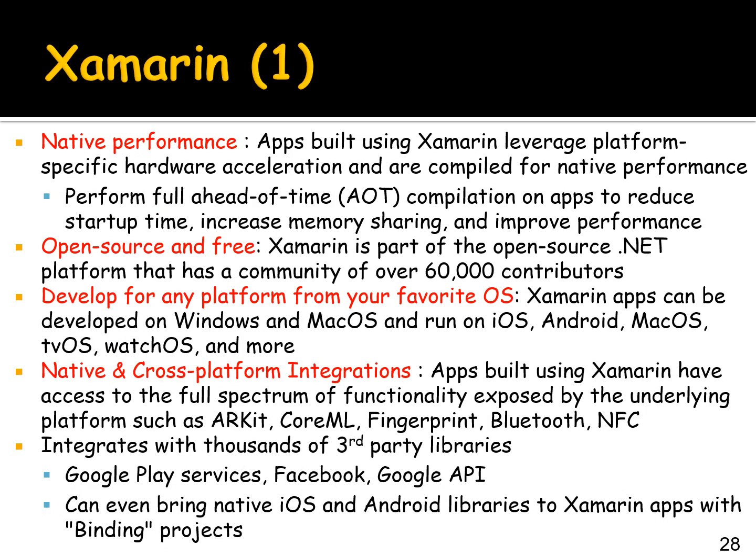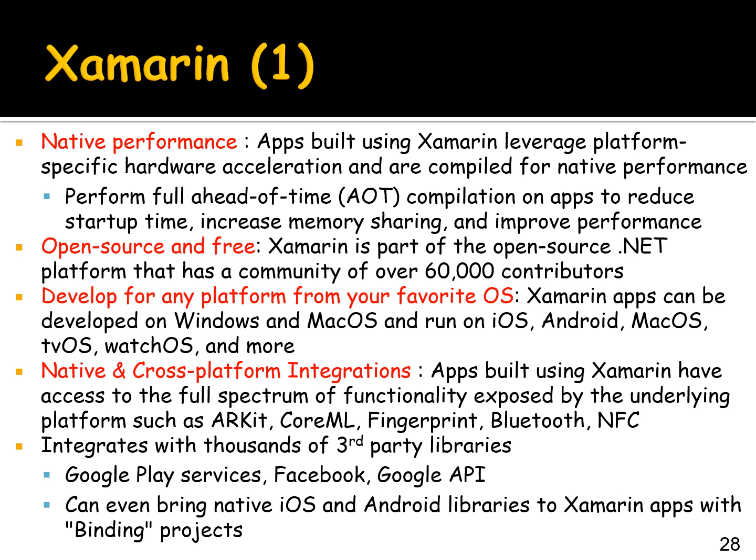As explained in the previous slide, Xamarin is 100% native and it includes iOS apps, Android apps, and UWP apps. We can use .NET and C# to create these apps, as well as create shared logic between these apps. As a result, apps built using Xamarin leverage the platform-specific hardware acceleration and are compiled for native performance.